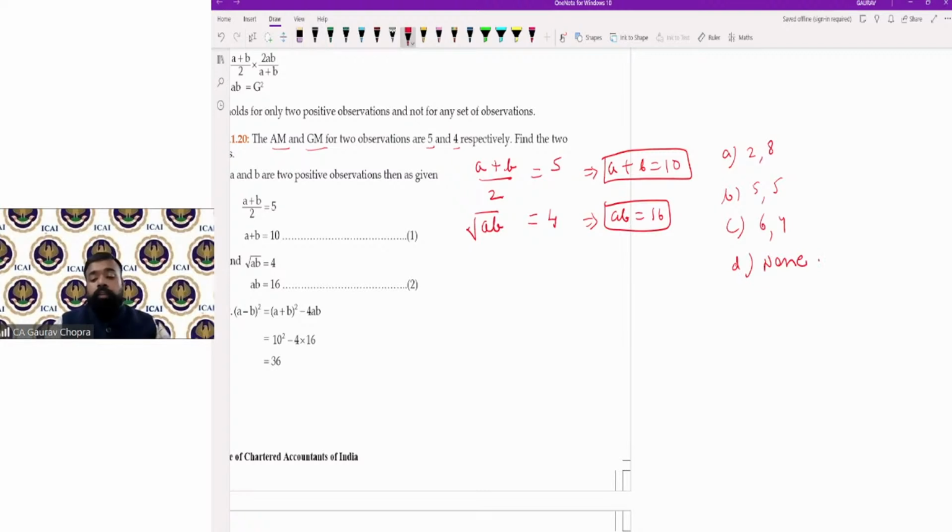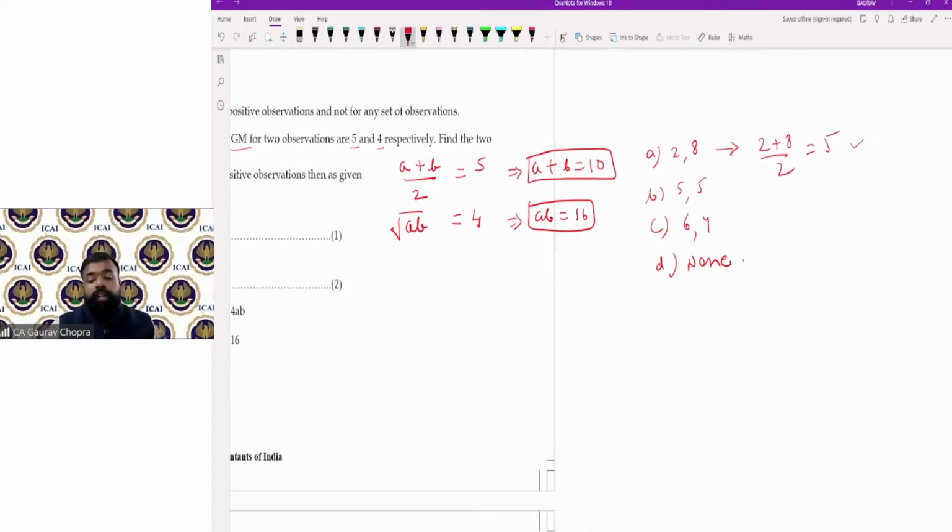Okay. Now, if you check the arithmetic mean of the first one, 2 plus 8 by 2, it will give you 5. So 5 is verified. Now you can check the geometric mean of this, 2 into 8 and square root. It is 4. This is also verified. So when both are verified, that means option A is correct. In case A does not verify, then you have to try the next one. All right.